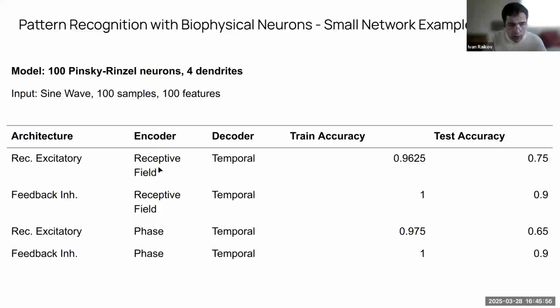Using 2 types of encoders, the receptive field and phase-based temporal encoder, we can see that the training accuracy for all these models is similar, but the test accuracy tends to be a little bit better for circuits that have feedback inhibition.